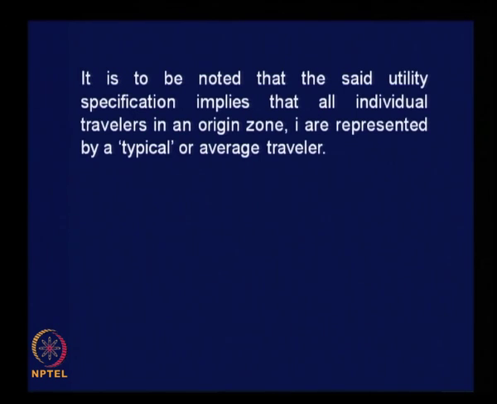Even though we bring in the economic status of the traveler in the modeling, still we assume that if the traveler belongs to a particular income group and lives in a particular zone, then there is no difference in the mode choice process by any of the travelers within that zone within a particular income group. That is the assumption we are making so far in developing the utility function.